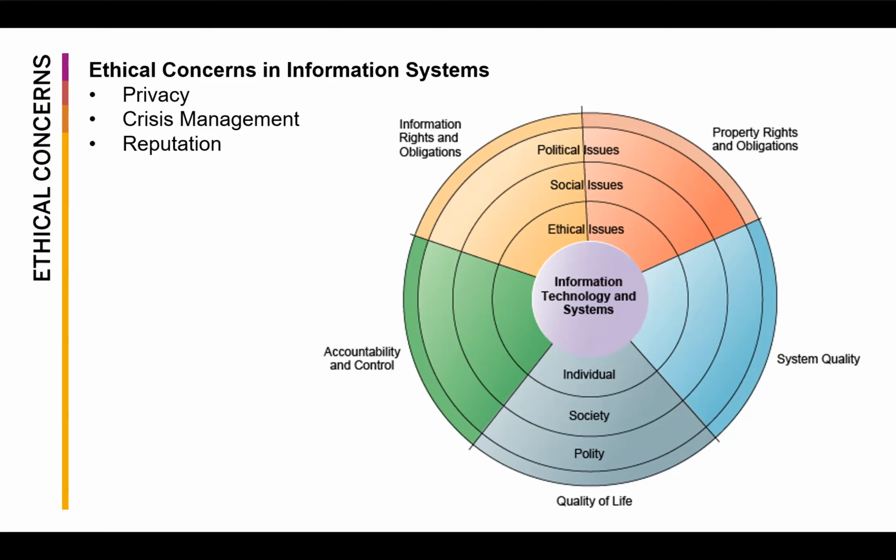And that's it. The introduction of new information technology can have a ripple effect. If you see on the diagram here, it could start with simply ethical issues from an individual level. It could go further to social issues and even to political issues.